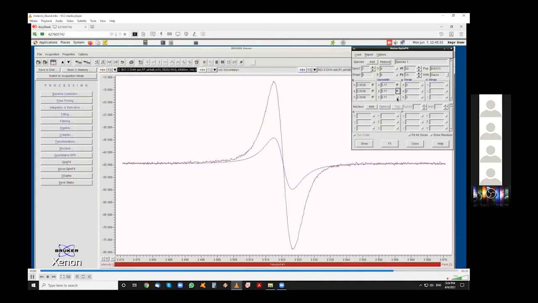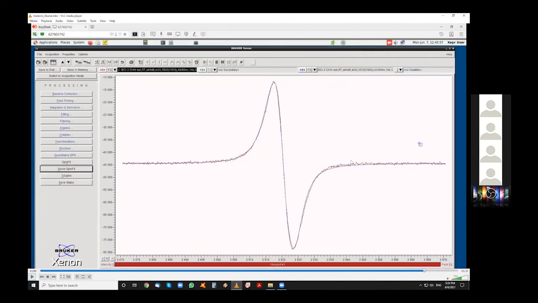So we will check all the boxes to be green. And in the end, we have our simulation, which is pretty good for a first fit of our experimental spectrum.